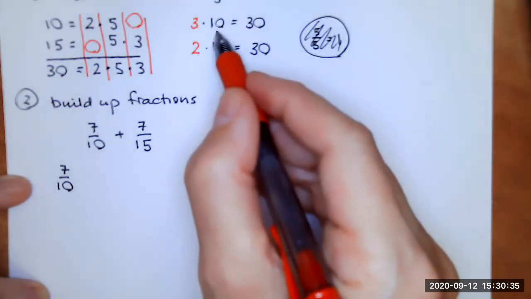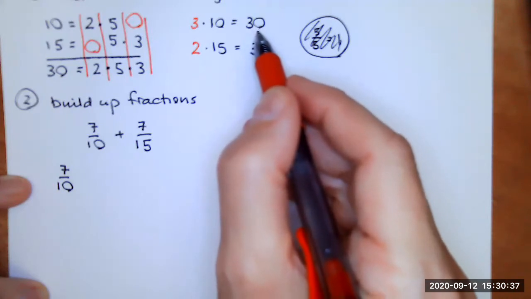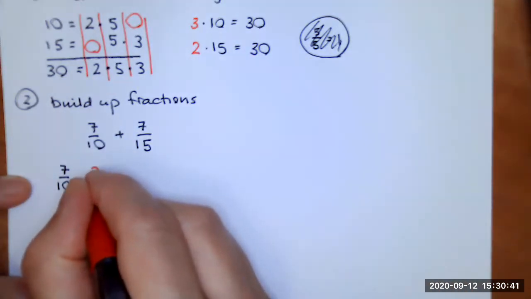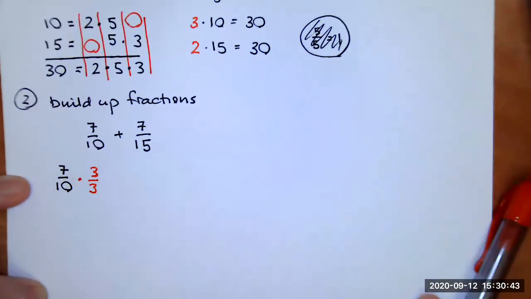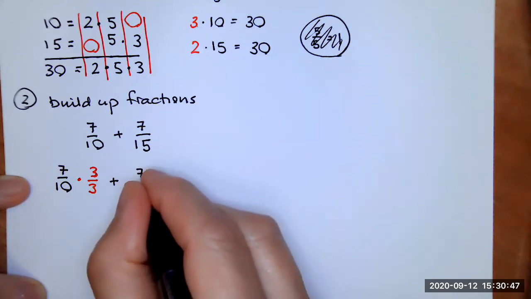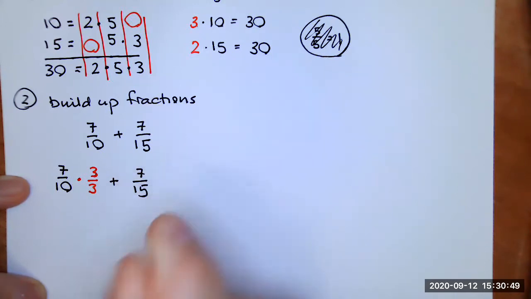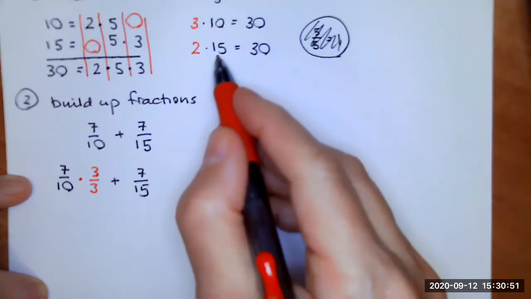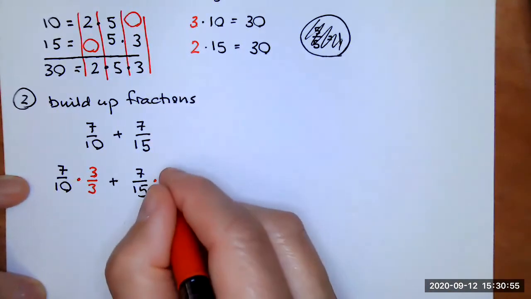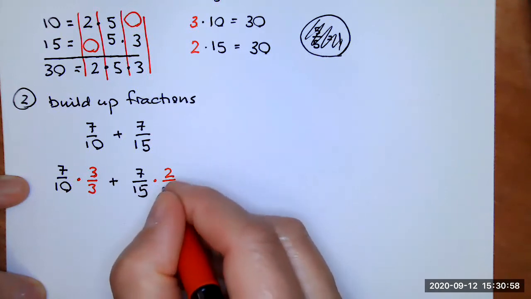So I have 10. I want 30. So I'm going to multiply by 3 over 3. Bring this down. I have 15. I want 30. So I'm going to multiply by 2.